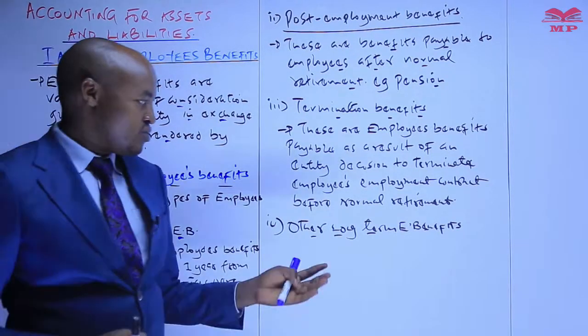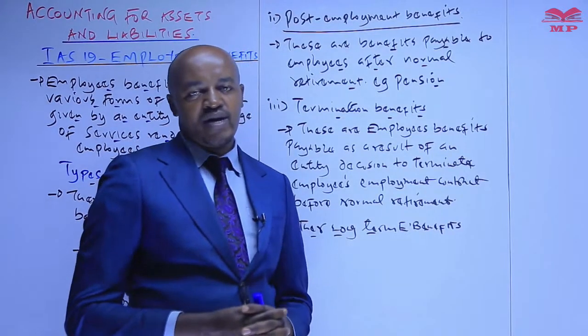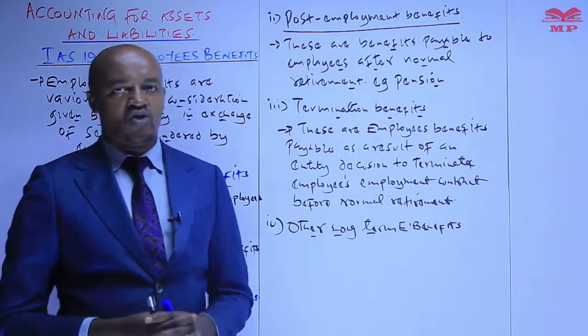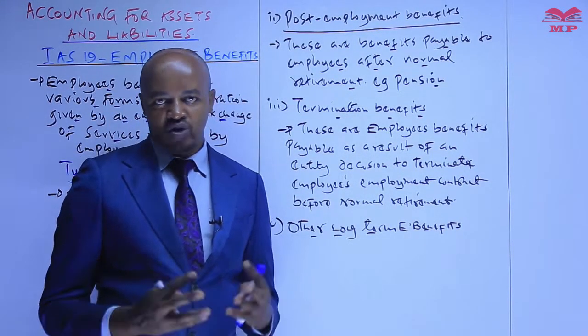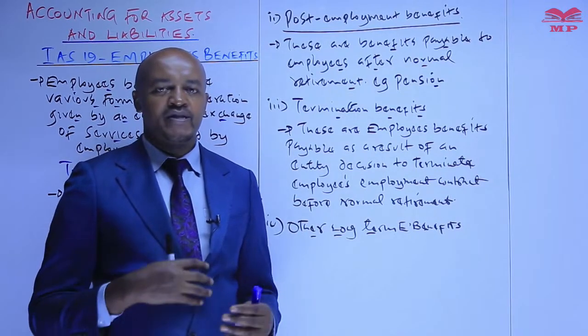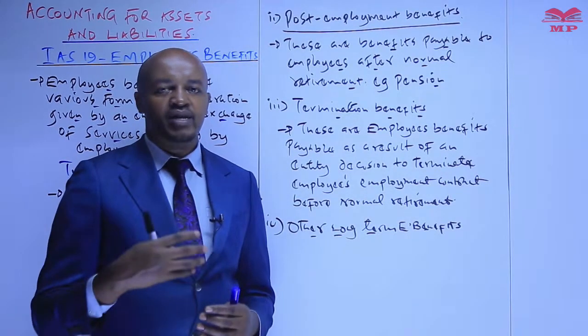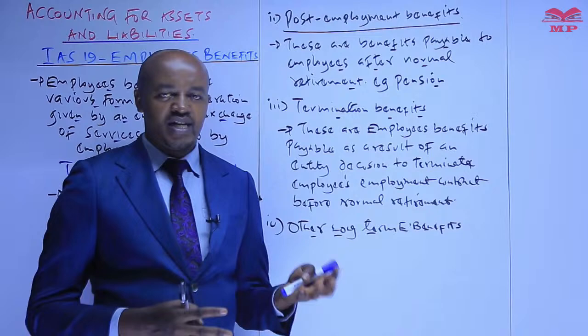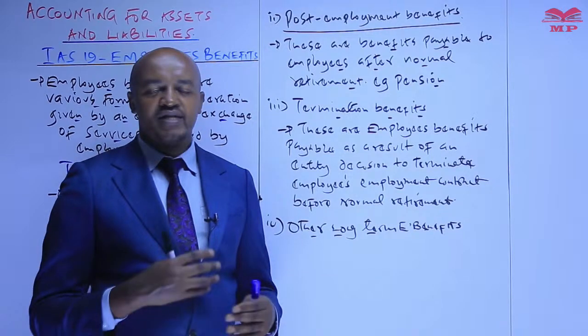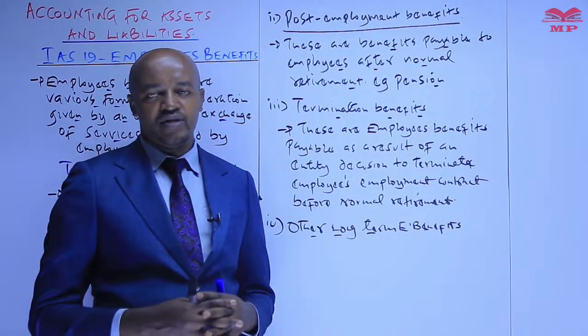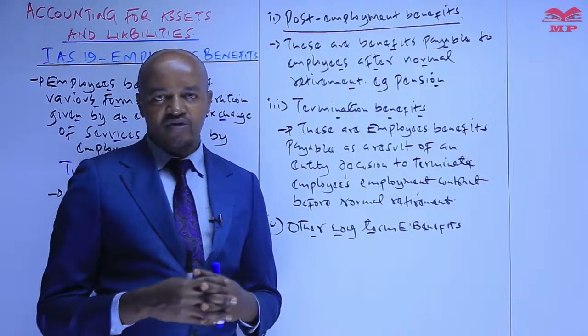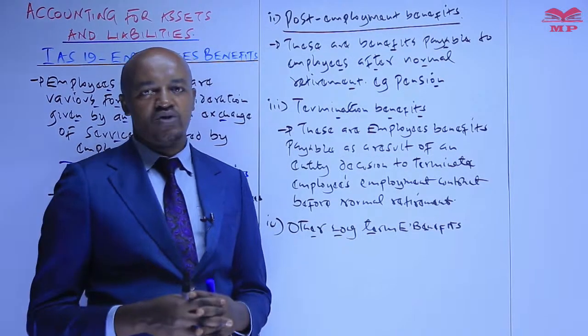A good example includes something called the Jubilee benefit. Jubilee benefits are those benefits which will be paid to the employees after, say, 10 years of operation. The company may decide to give some benefits to the employees who have worked with the company for the last 10 years or for the last 20 years.